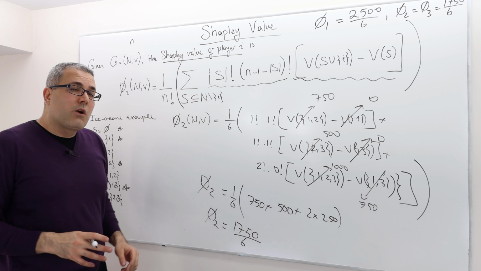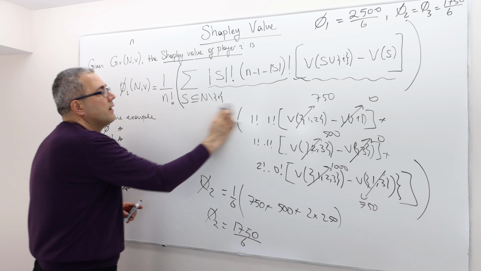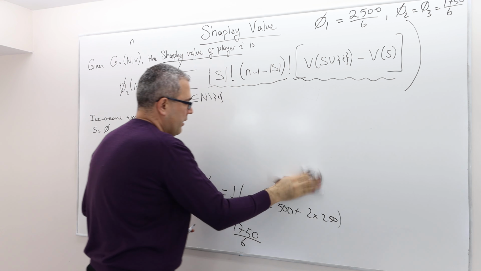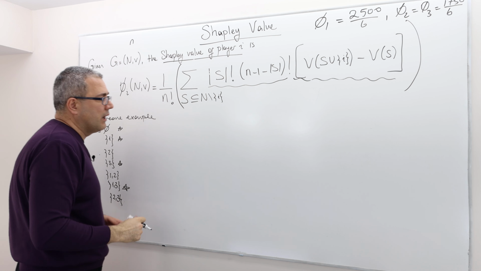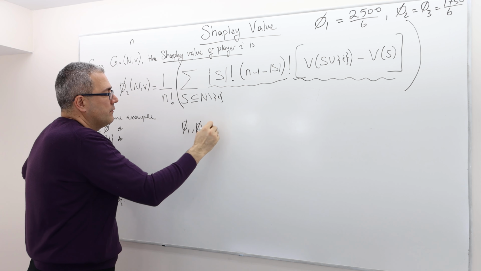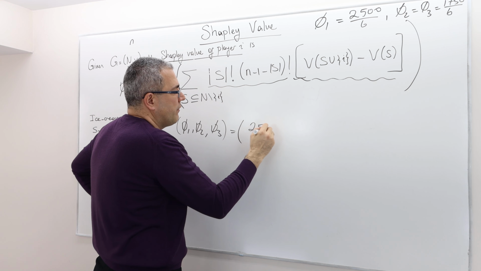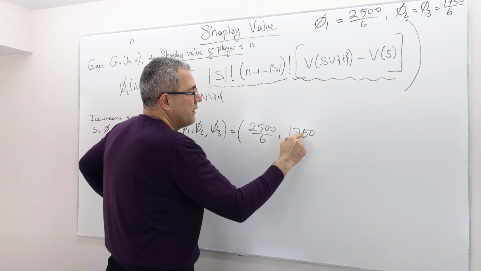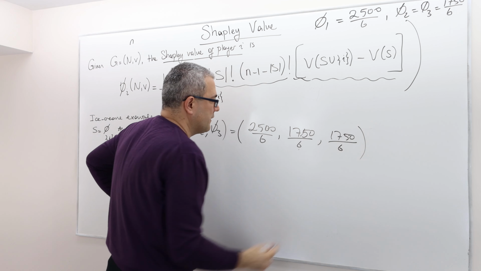So, according to Shapley, the payoff vector and outcome of this game should be phi 1, phi 2, phi 3, which is equal to 2500 divided by 6, 1750 divided by 6, and 1750 divided by 6.